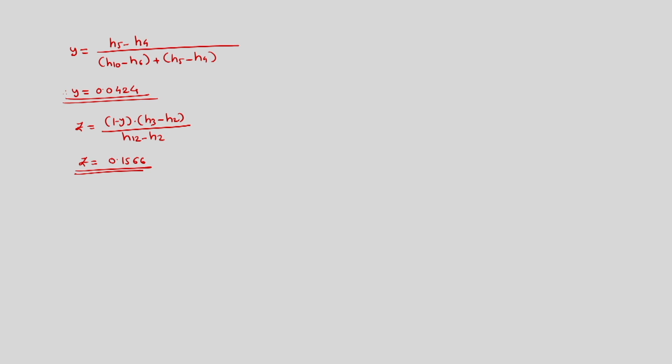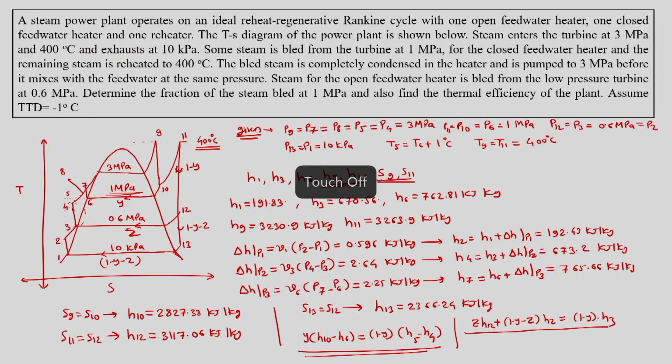Now the next task is to find out the enthalpy at state 8. For that, we can write that 1 minus Y amount of mass at state 5 is mixed with Y amount of mass at 7 to give H8.